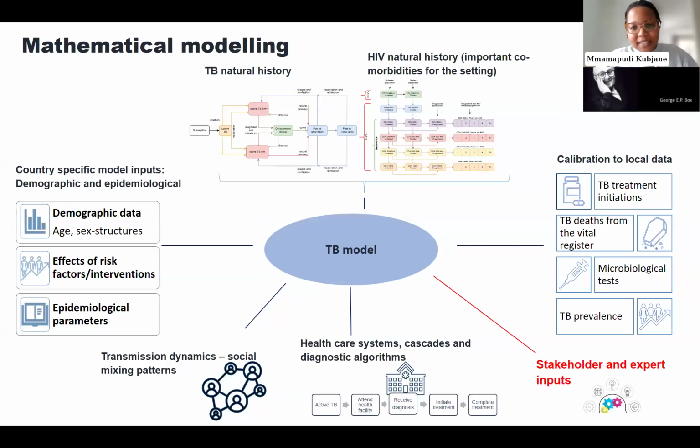And the quality of these data will also determine how useful your model would be eventually. And also to be able to give input into the model according to what the healthcare system is, and also the care cascade and how people flow through the healthcare systems.